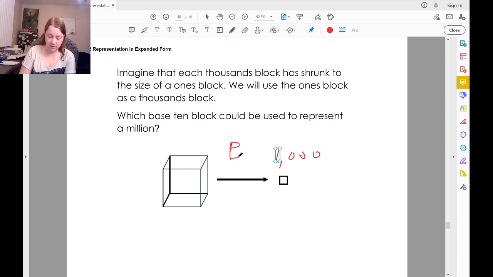So that's 1, 2, 3, 4, 5, 6, 7, 8, 9, 10 perfectly placed blocks. And then for 100,000, we would go to this one. What do you think we would use to represent a million?